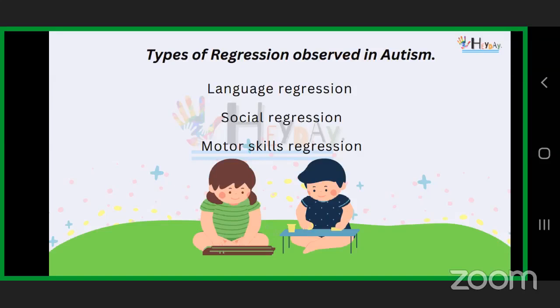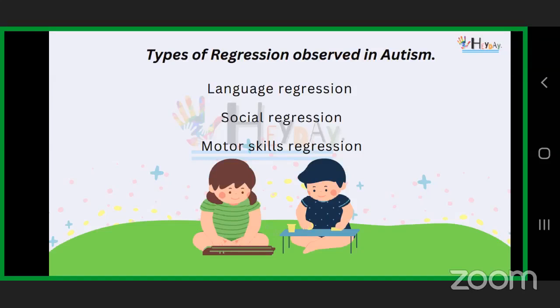So maybe the child might have been able to have a good pencil grasp, and then regression occurs, and the child isn't able to have a fine motor skill grasp. So entirely regression has come in place and the child has lost the ability, or the ability has declined.